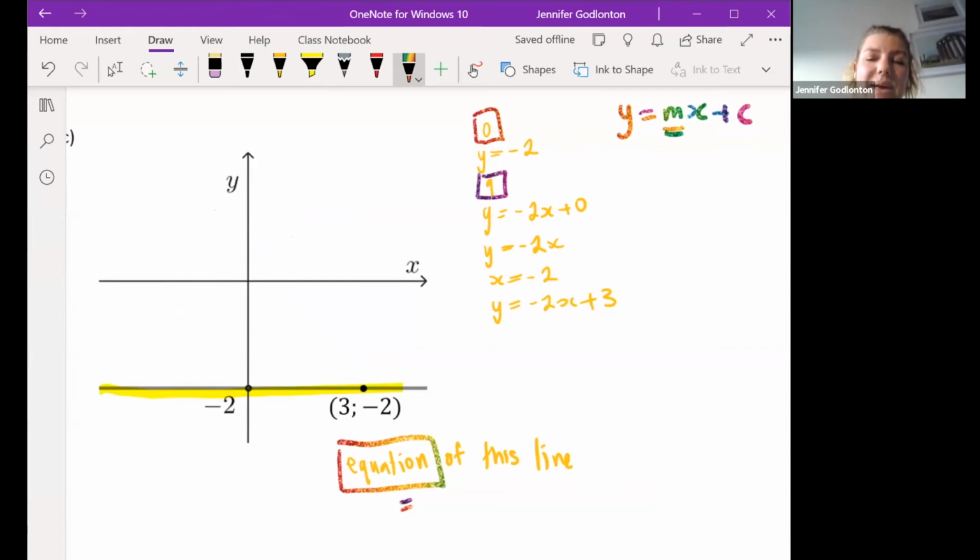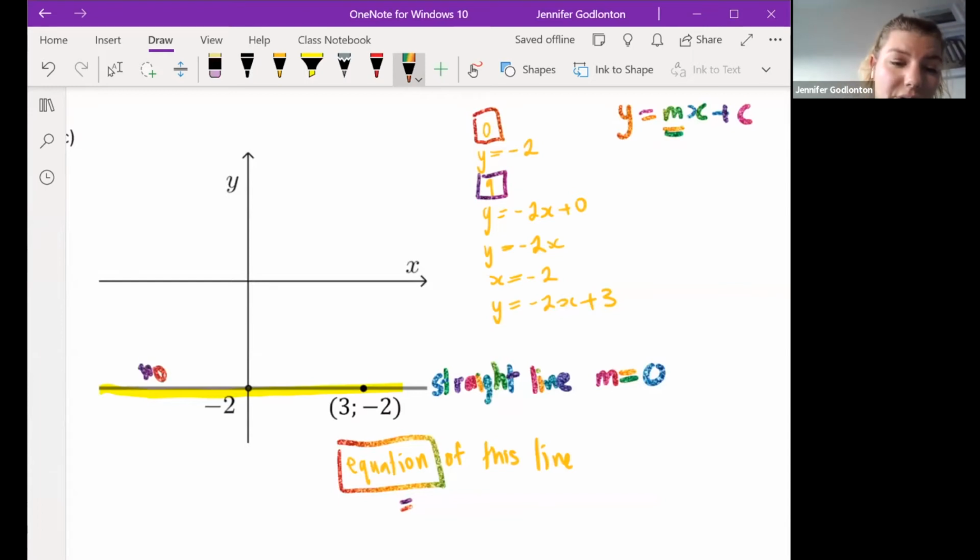So that's what our equation would look like in a normal graph situation. In that, we have m, which is the gradient. In this case, we've got a straight line, and when we have a straight line like this, it means that our gradient is 0. We have no gradient. The reason we have no gradient is because there is no slope.